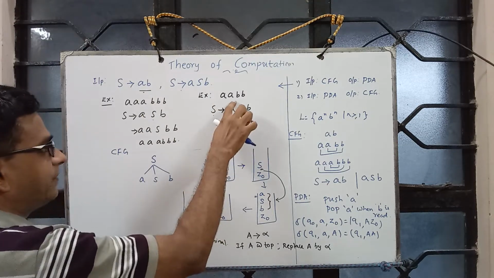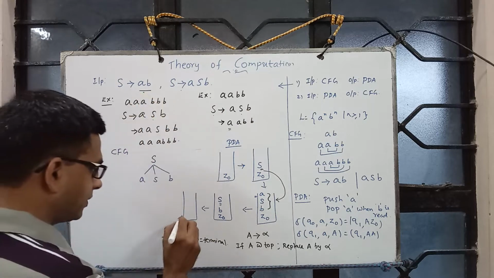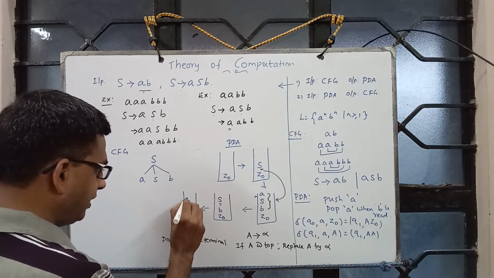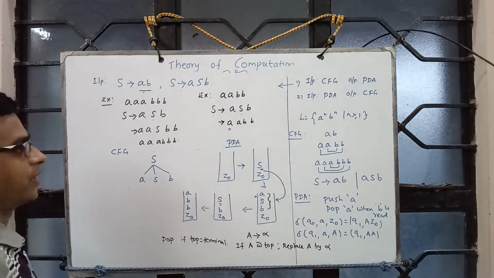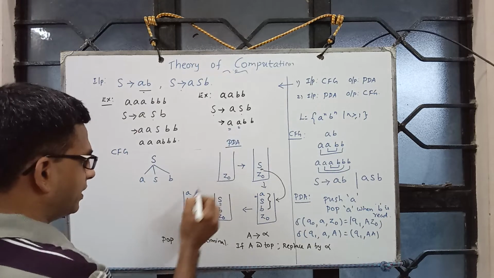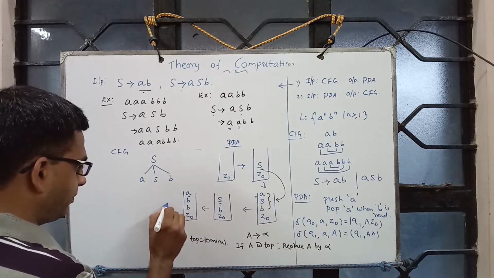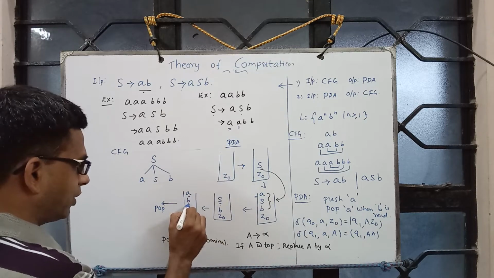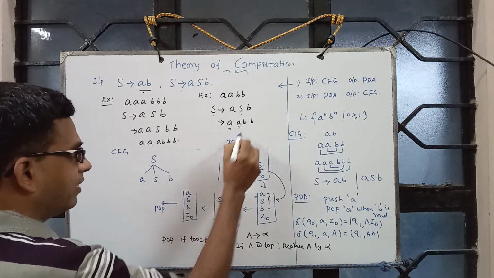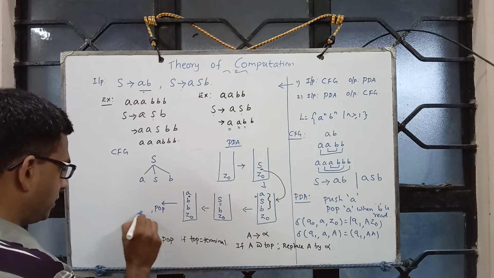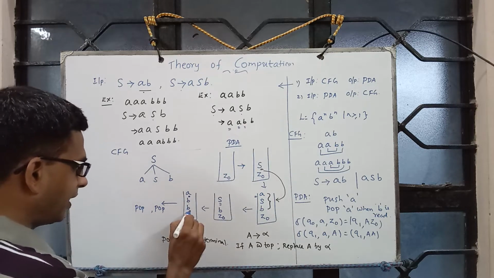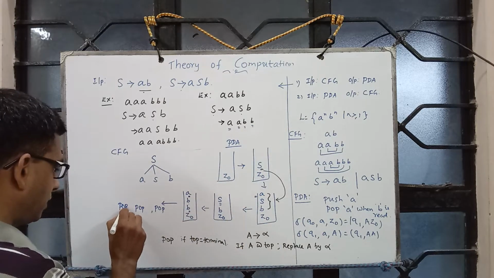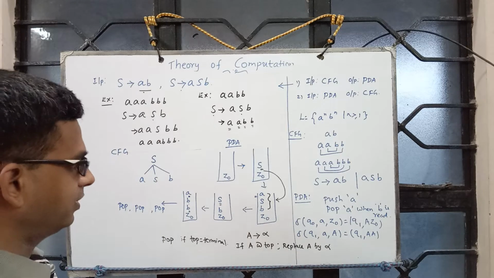Because I want to derive this, let me push this. So it becomes B, then B, followed by A. Now this one and this one match, perform pop, and after that again it is a terminal, so there is a match, perform pop. After that it is a terminal, there is a match, so pop. So we stop our procedure.